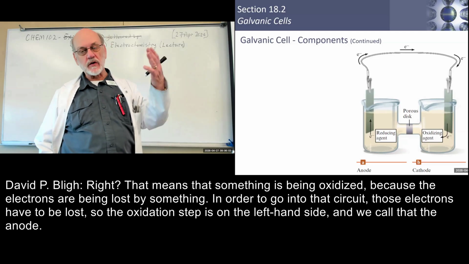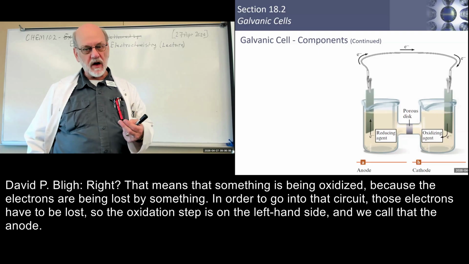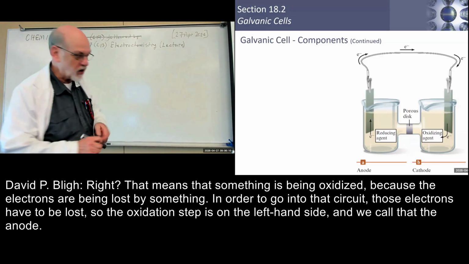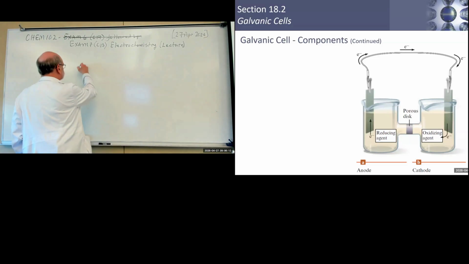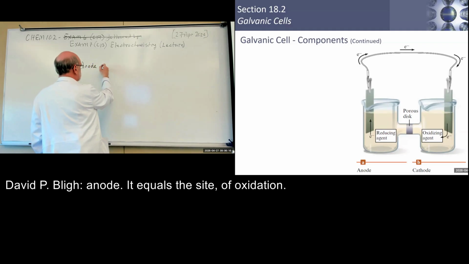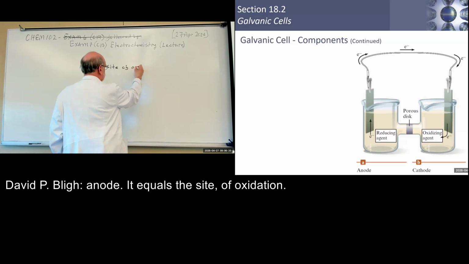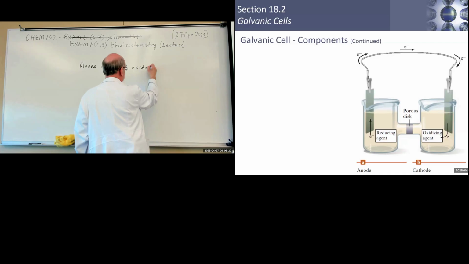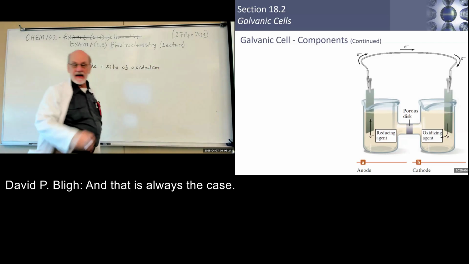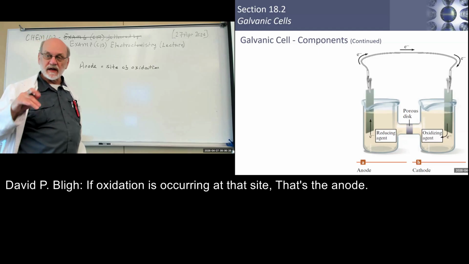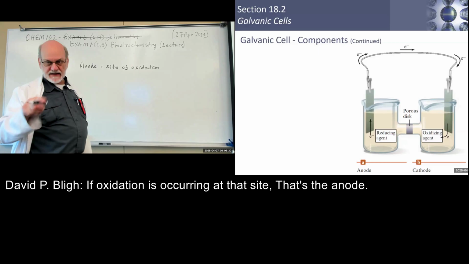In order to go into that circuit, those electrons have to be lost. So the oxidation step is on the left-hand side, and we call that the anode. Anode equals the site of oxidation. And that is always the case. If oxidation is occurring at that site, that's the anode.